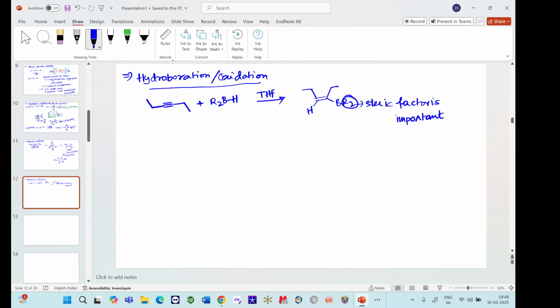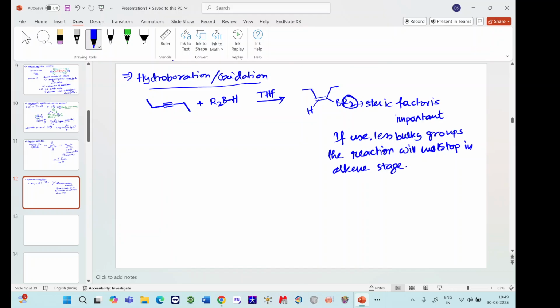Okay, so if you use less bulky groups, the reaction will not stop in the alkene stage. Okay, so you need to use some bulky R group, right?